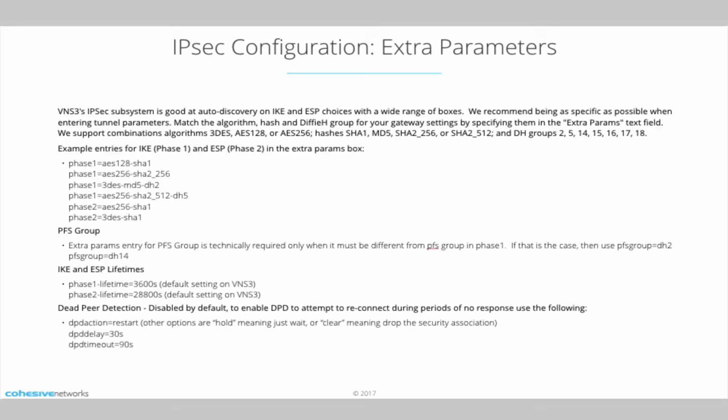Specify your algorithm, specify your hash. PFS group equals something, same sort of thing: DH2, DH5, DH14, DH18. Your lifetimes, S for seconds. The default settings on VNS Cube are 3600 and 28.8. But again, be specific to match what the customer is doing.